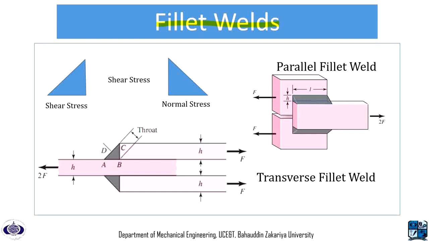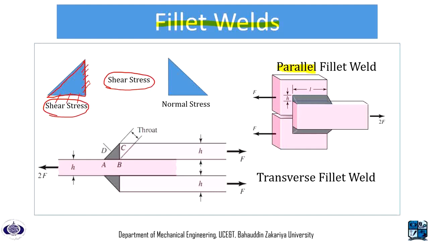The shape of the fillet weld is of a right angle triangle, and if both the horizontal and the vertical sides, which are attached to the parent metal, are applied with shear stress, then that type of fillet weld is called parallel fillet weld.